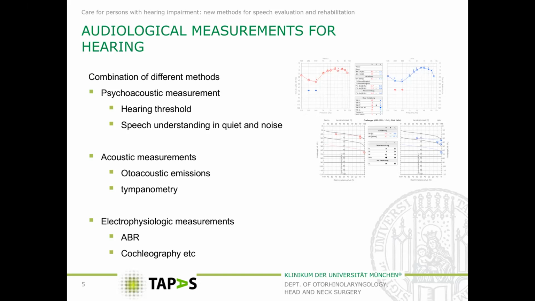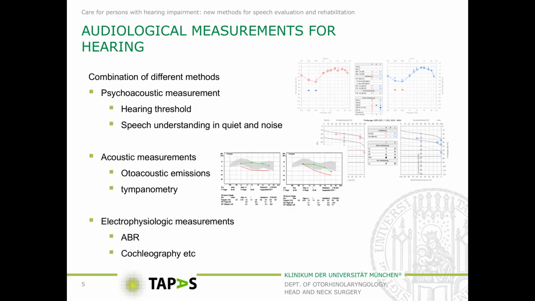You can do that in quiet or in noise, and then you might have some acoustic measurements, for instance the otoacoustic emissions that give you information about the inner ear function, or some electrophysiologic measurements like the ABR. It's a kind of EEG, and you put a standardized and well-defined acoustic signal on the ears, and then you can measure the responses of the hearing nerve and the brain.